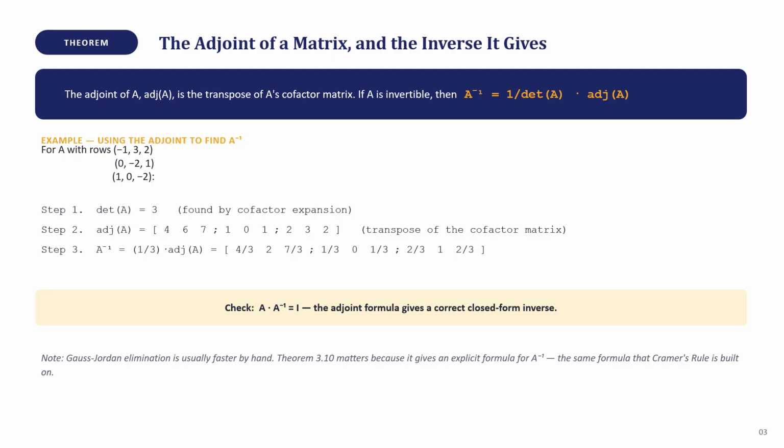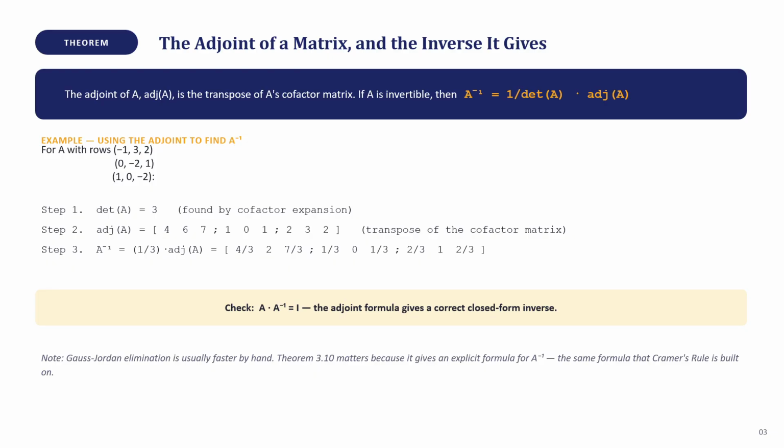For the inverse, it is 1 over 3 multiplied by adj A, which is equal to 4/3, 2, 7/3; 1/3, 0, 1/3; 2/3, 1, 2/3.